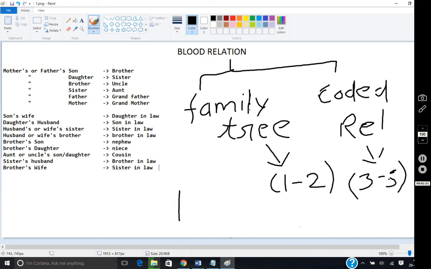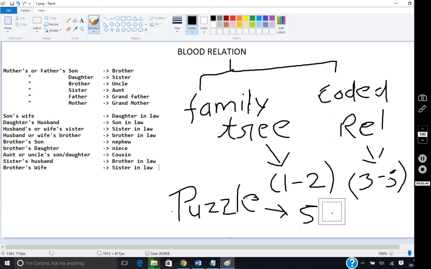And if there is a puzzle, then there will be 5 questions. So it is a very important topic because you don't know how many questions can be available in the exam.